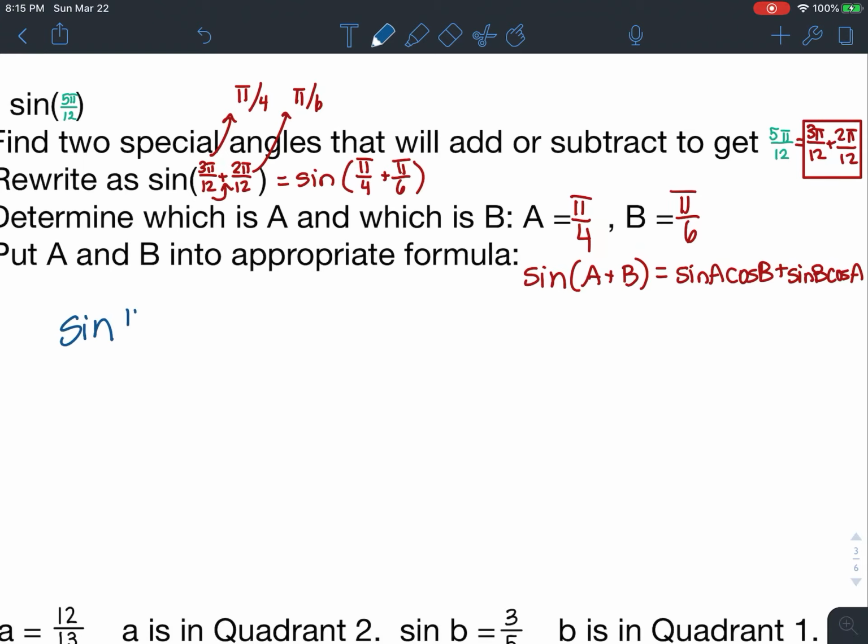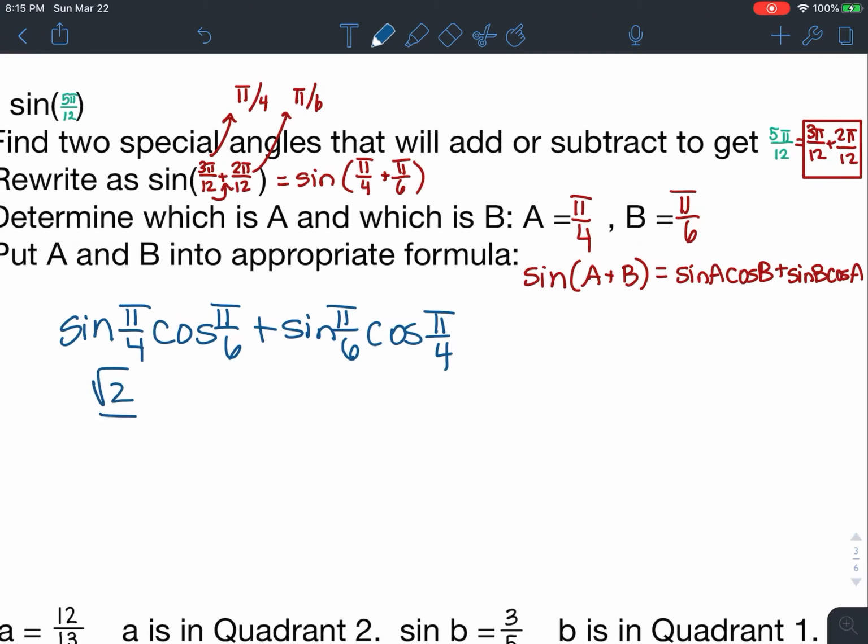So sine of A was pi over 4, and cosine of B was pi over 6, plus sine of B, cosine A. Sine of pi over 4 is radical 2 over 2. Cosine of pi over 6 is radical 3 over 2.